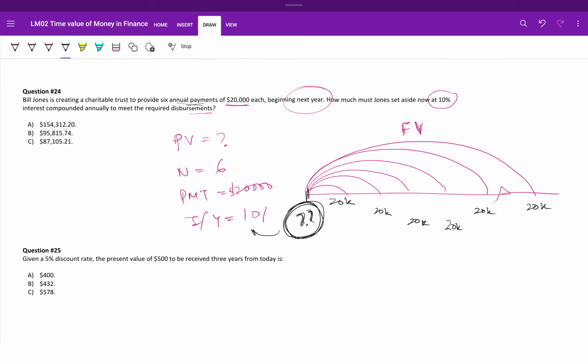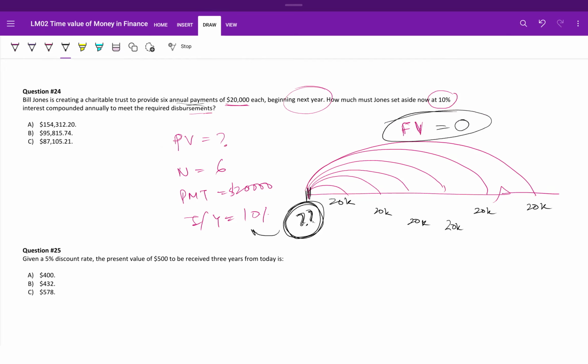So by the end of this period, the future value is going to be zero. They're asking how much right now I should set aside. So think of this like one, two, three, four, five, six, seven.